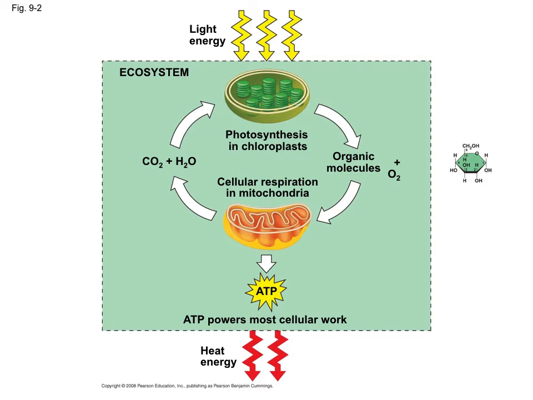You can see that this is a cycle between photosynthesis and the mitochondria, that we rely on one another. The products of photosynthesis, which are organic molecules and oxygen, are the reactants for cellular respiration, so we use these as the reactants.